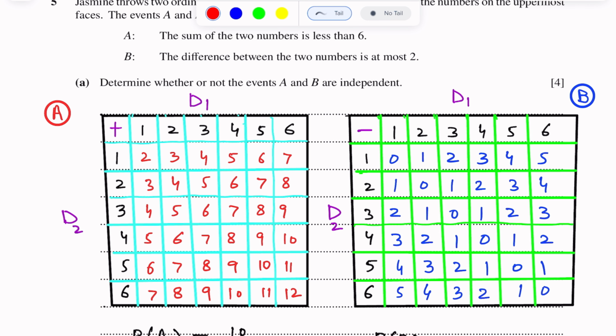So we can take only these values where the difference is less than or equal to 2. Counting them: 1, 2, 3, up to 24.